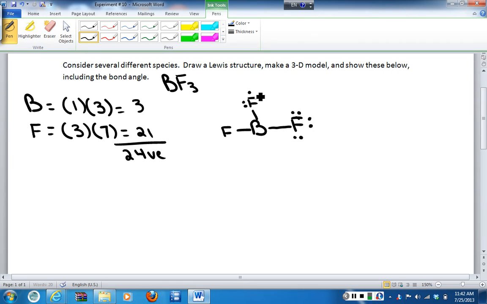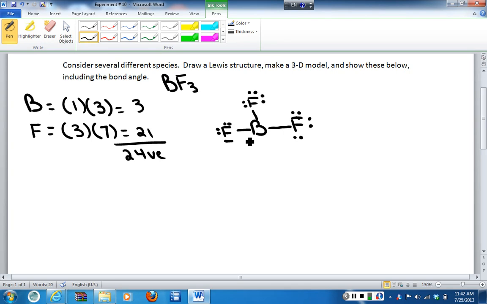When you write these, you can draw these lone pairs as 2 sets of dots, or you can also draw a straight line such as this, which indicates 2 dots as well. Either way, just try to be consistent, and if you're unsure which method is preferred by your instructor, make sure that you ask.